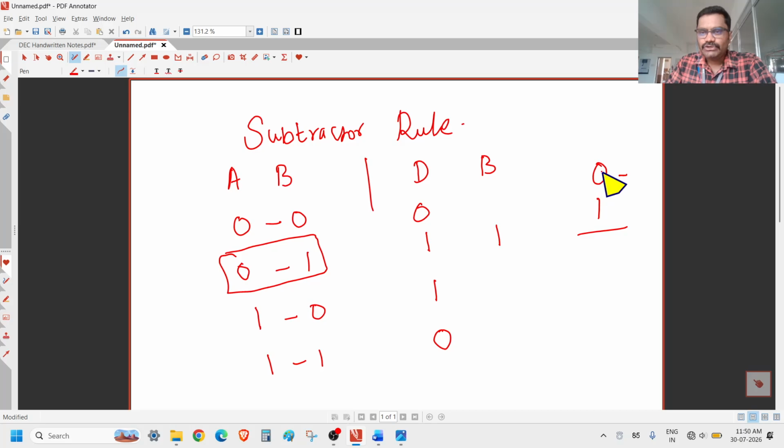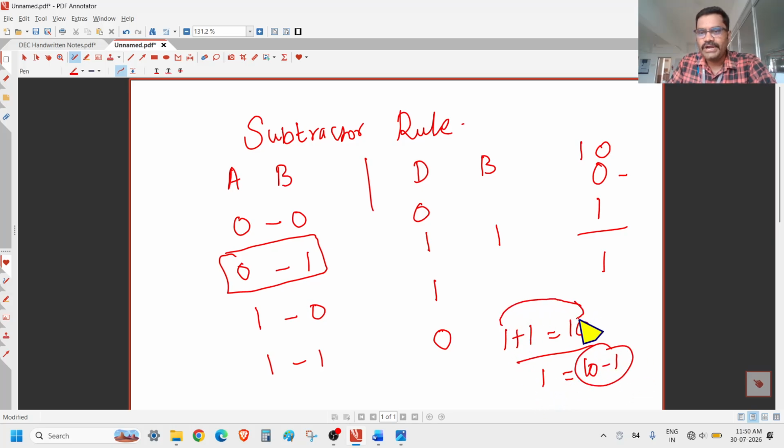We have a 0, and if you take a borrow, the 0 becomes 10. After getting the borrow, 10 minus 1 is equal to 1. How is 10 minus 1 equal to 1? We know that 1 plus 1 is equal to 10. This is the basic addition rule. So that means 1 is equal to 10 minus 1. So 10 minus 1 is equal to 1.